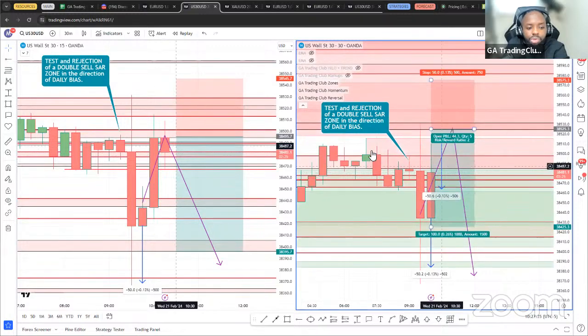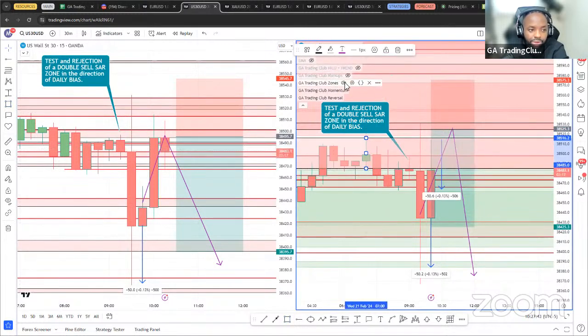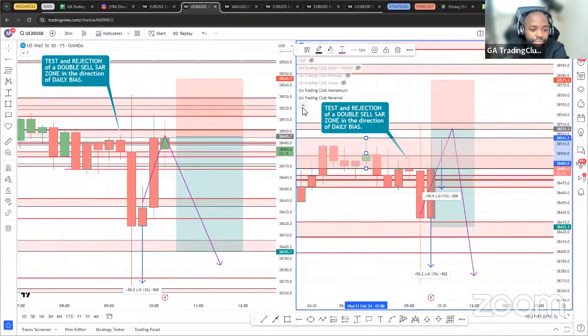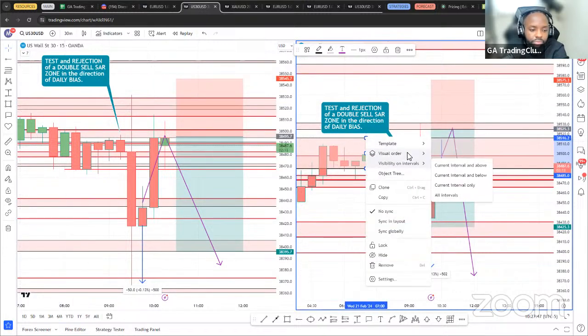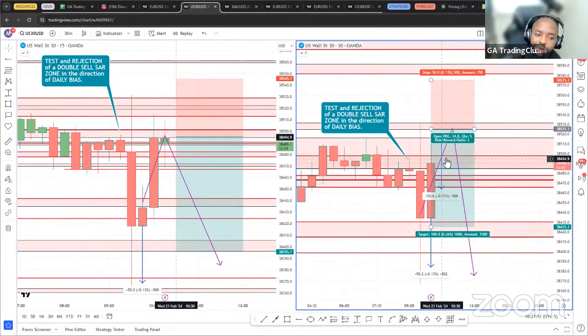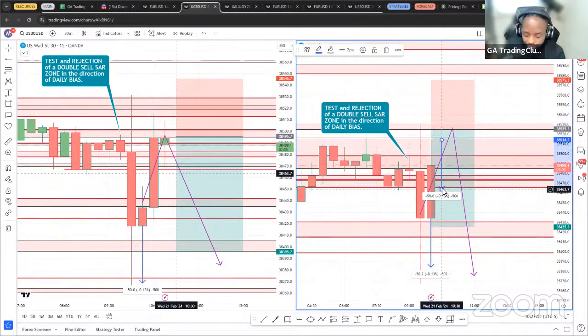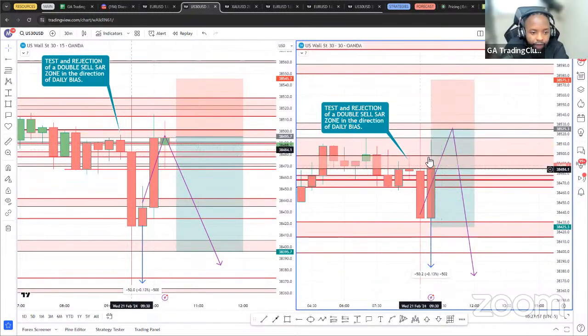So keep in mind we also have this selling zone that's right here, the one they were unable to break past. So we already have a strong selling zone there. If it gets here, I doubt they will bring it. The other beauty is that if it gets to this zone, it would be forming another test and rejection, right?